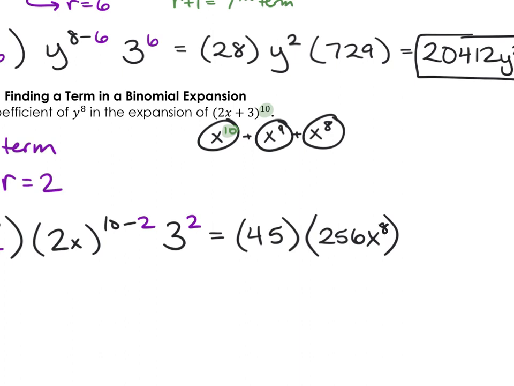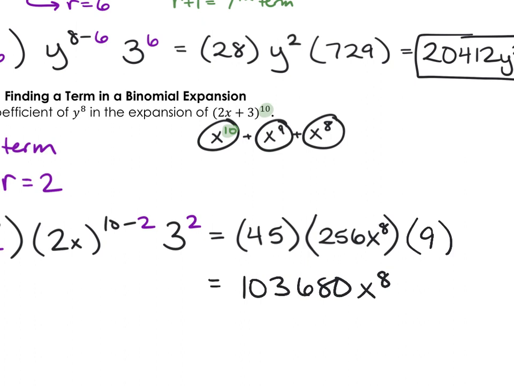And then 3 squared is 9. We multiply all of those coefficients together. 45 times 256 times 9. We get 103,680 x to the 8th.